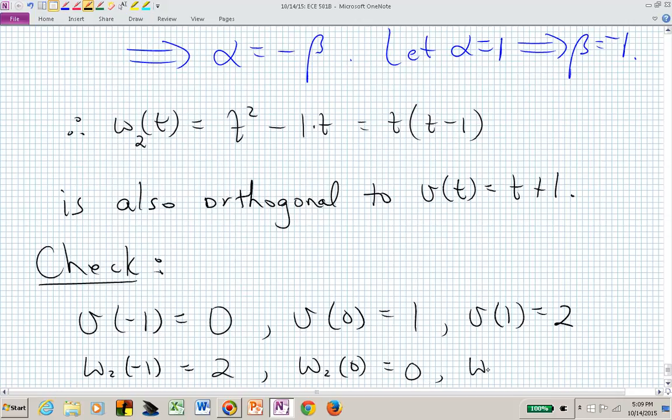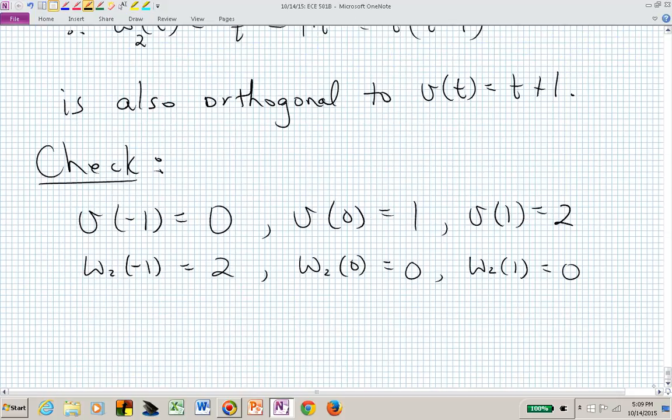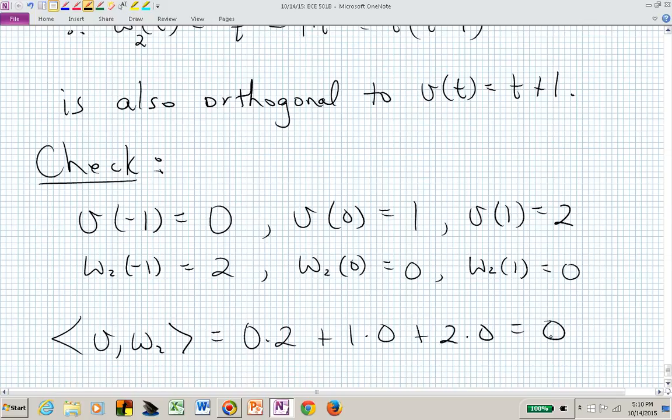And W sub 2 of 1, 0. And now you can see that we have a 0 scaling all of those so that the inner product of V with W sub 2 is now 0 times 2 plus 1 times 0 plus 2 times 0, or 0.